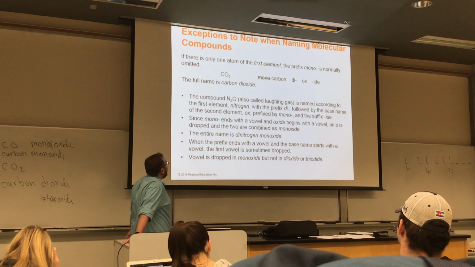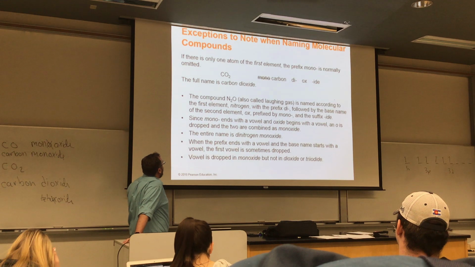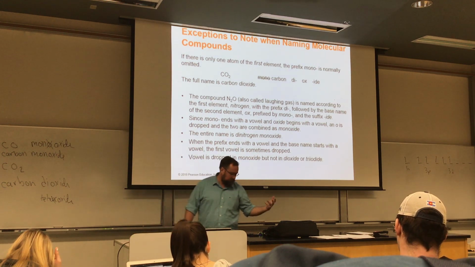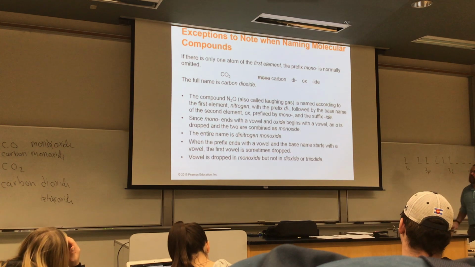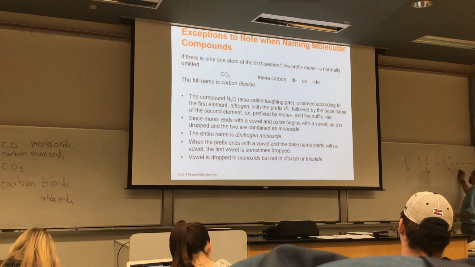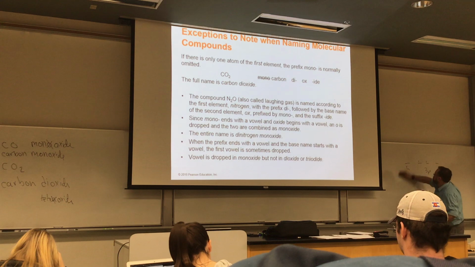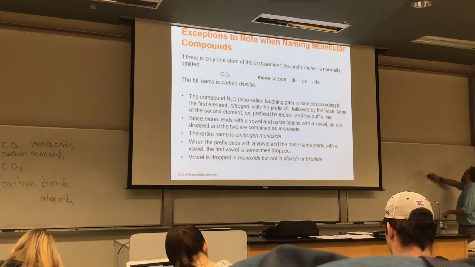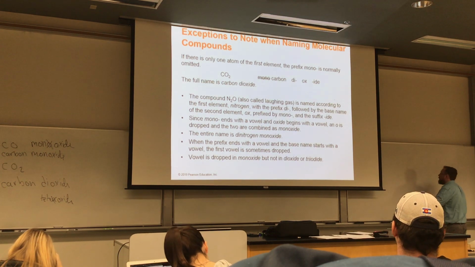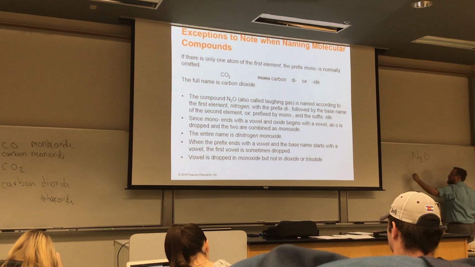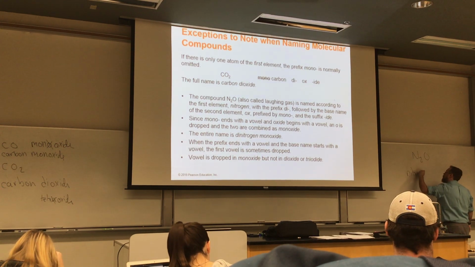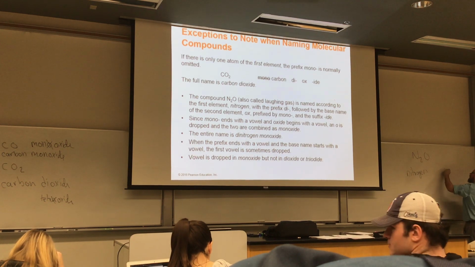The compound N2O is called laughing gas. What's the first element? How do we name N2O? I'm sure the answer's on the screen already. Dinitrogen oxide? Dinitrogen monoxide. Oh, monoxide. Because we have nitrogen, and we have oxide.